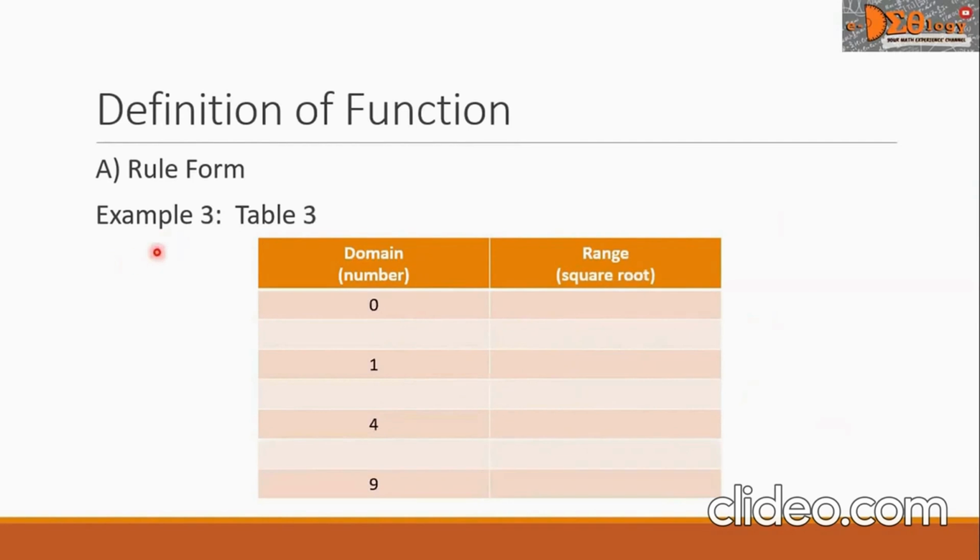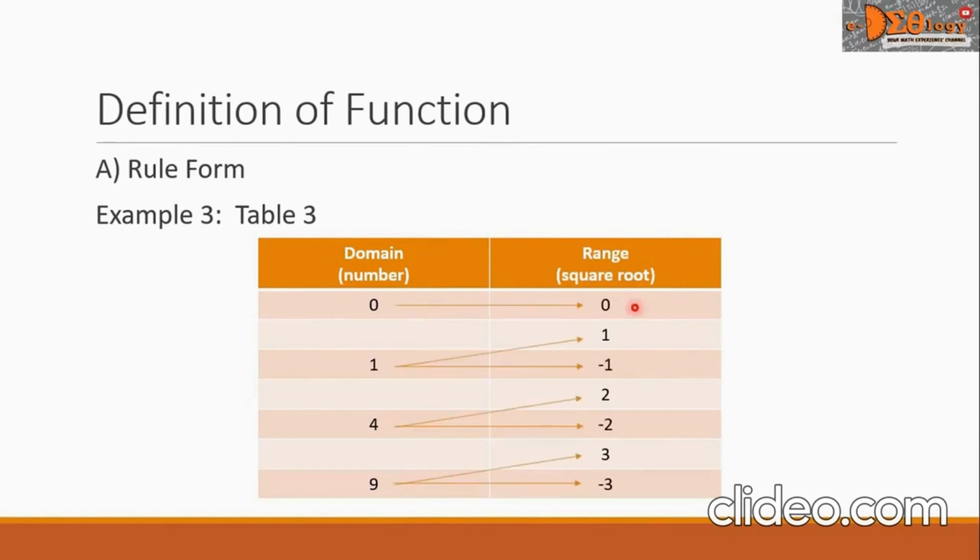Let's have example 3. We have this table 3. The domain is here with elements 0, 1, 4, 9. For this column is our range, and the rule is taking the square root of each element of the domain.